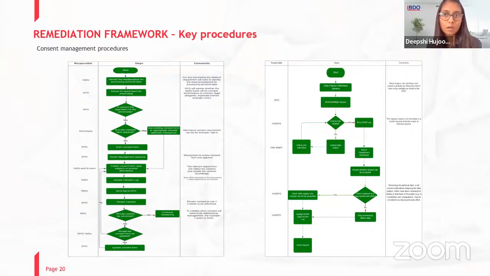So this is just an example, a flow chart of how you should go about it when you receive a request, when you know that you have to fill in consent forms. So what do you do? You have to draft a consent form, you have to circulate it to everyone, you have to maintain a log. And if someone withdraws consent or says, no, I do not consent, then what should you do?